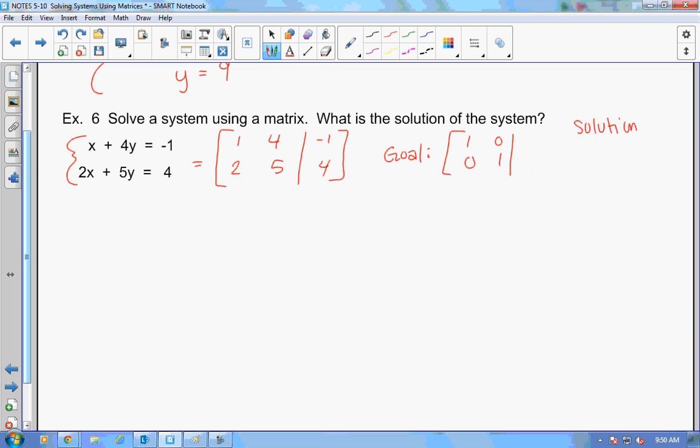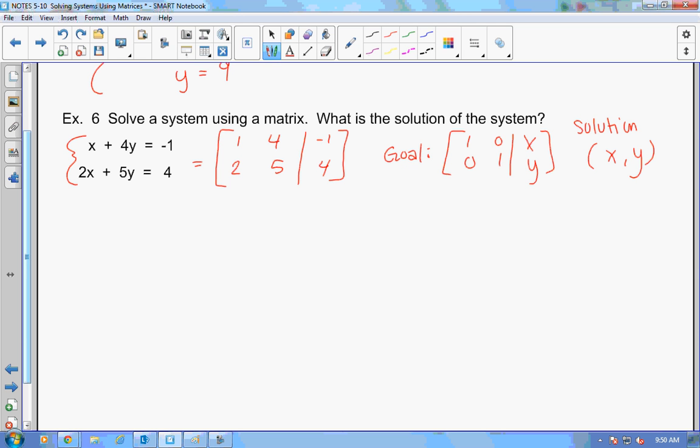Let's avoid confusion and just call them x, y. Because when we get our solution, what it's telling us is where these two linear lines intersect, and they intersect at a point, and points are x, y. So we'll just keep it the same variable. Alrighty.